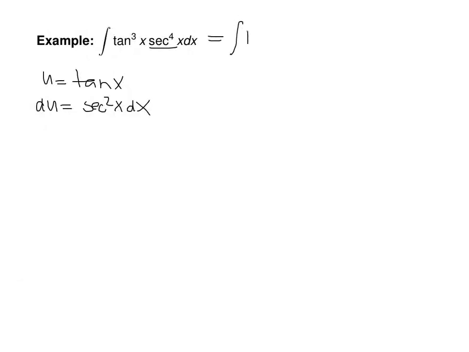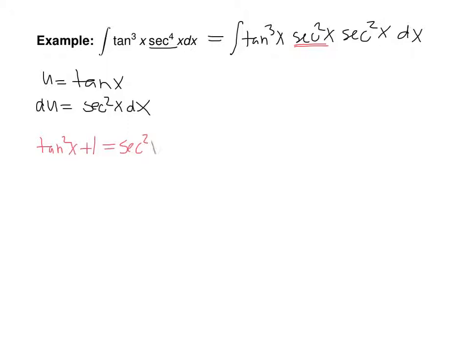So that's tangent cubed x, secant squared x dx. Because of the even power on that secant, I can change that secant into tangent. So recall that we have tangent squared x plus 1 equals secant squared x.